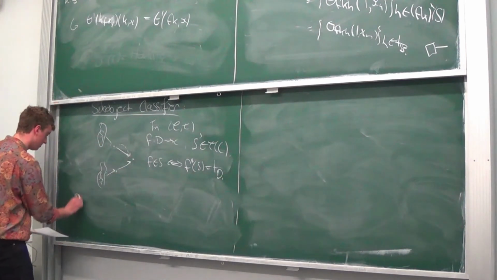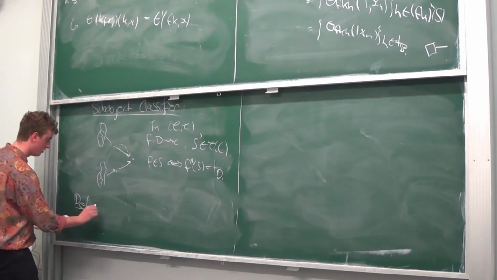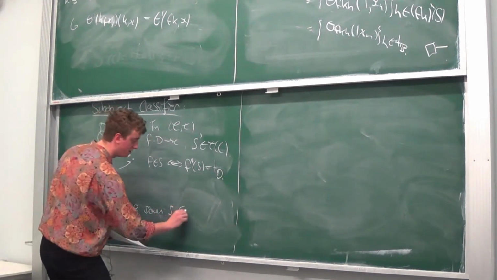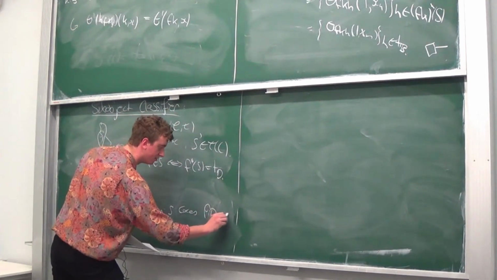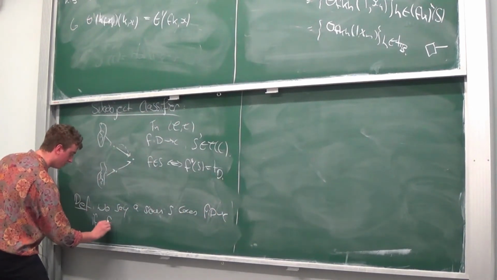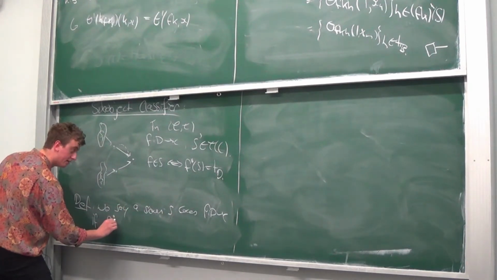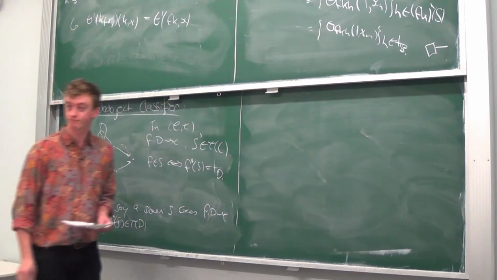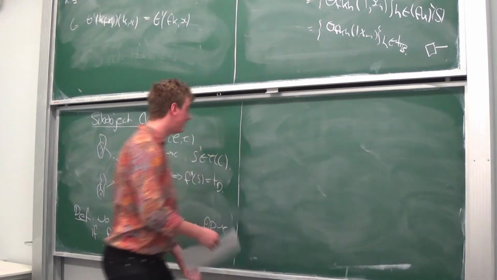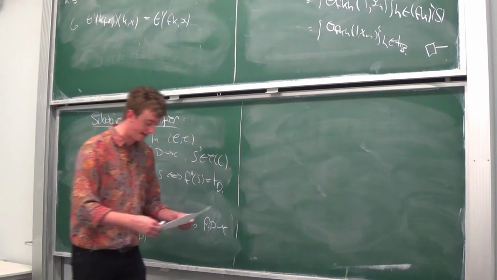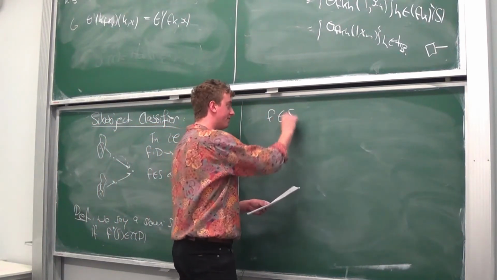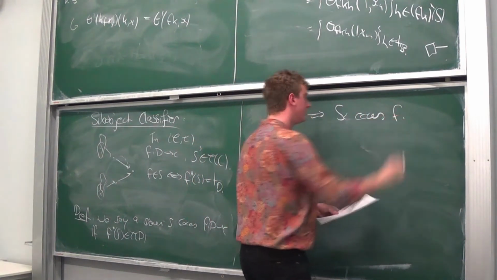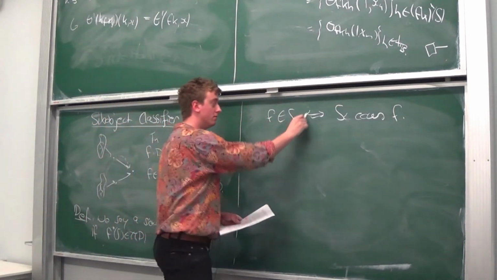So we say a sieve S covers f from D to C if the pullback of S by f is a covering sieve of D. And with this definition, it's immediately obvious that if f is in S itself, then S covers f. But the converse is not true in general.